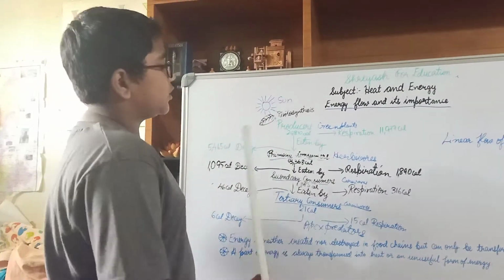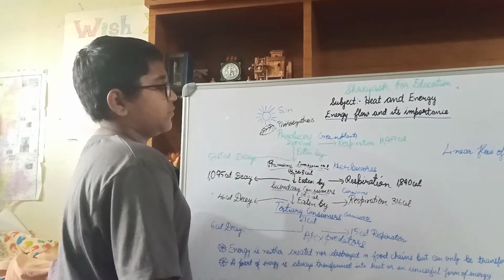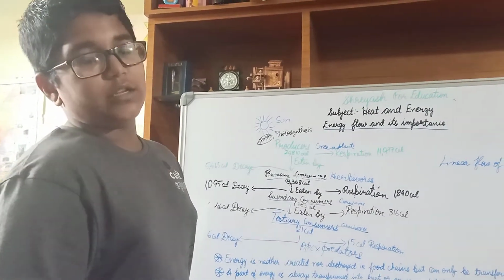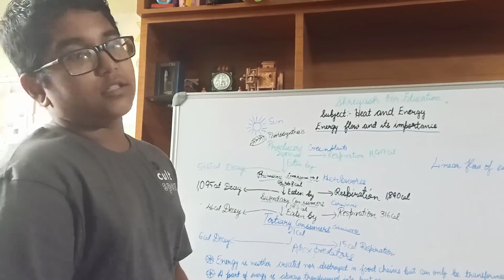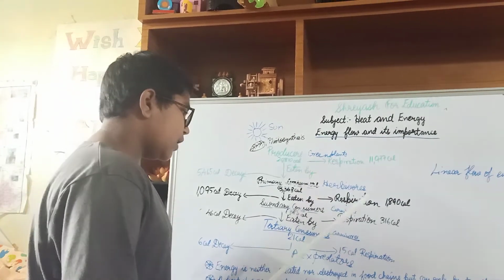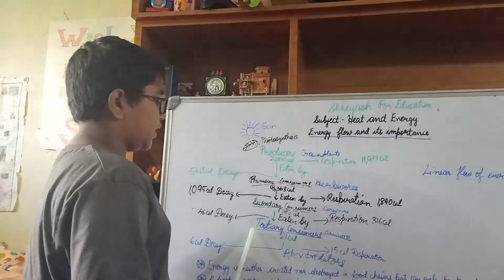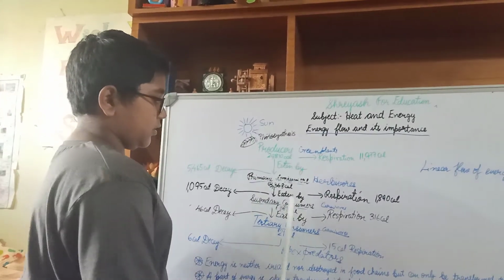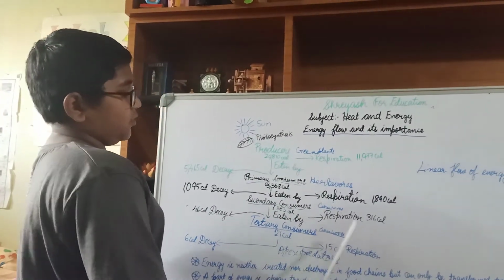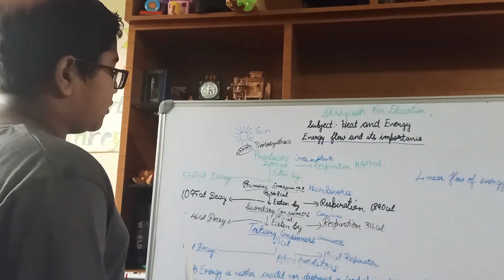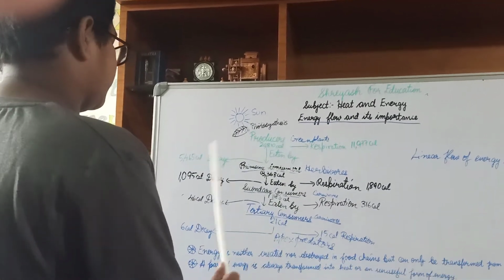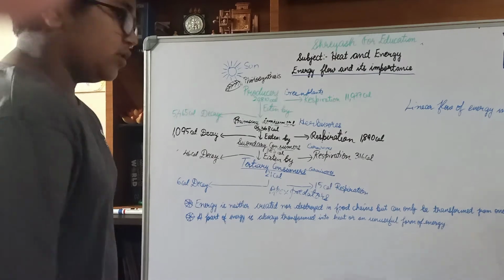The secondary consumers are carnivores, small carnivores like weasels, rats, snakes, etc., and they also use it for respiration and decay as usual. And when they are eaten by the tertiary consumers, or the apex predators, the topmost carnivores, they use this energy for decay and for respiration also.